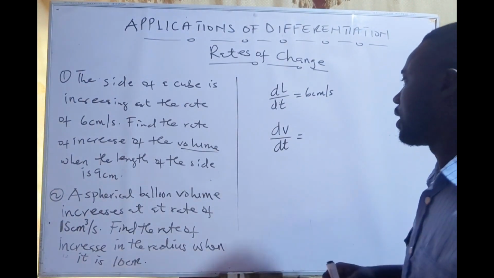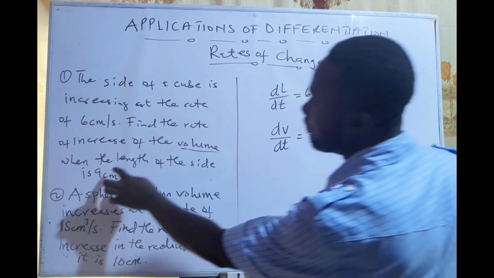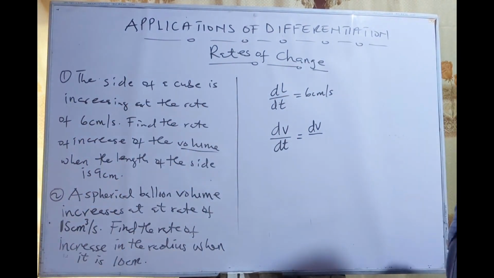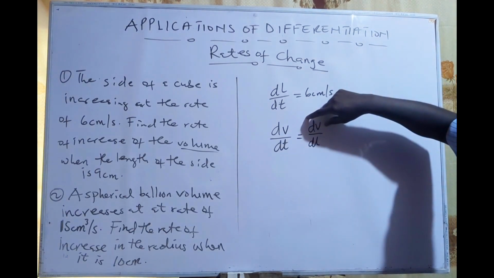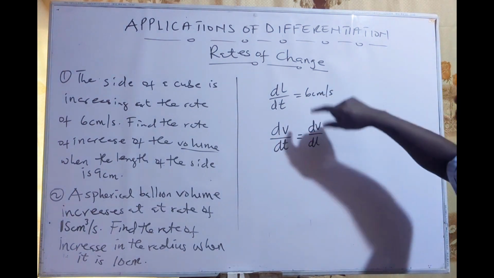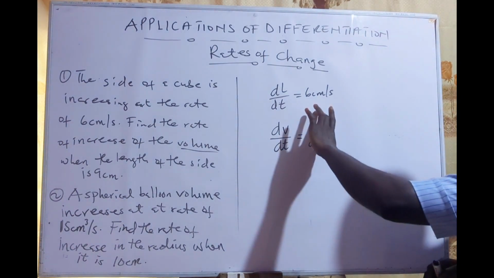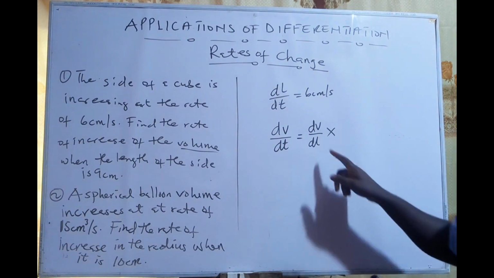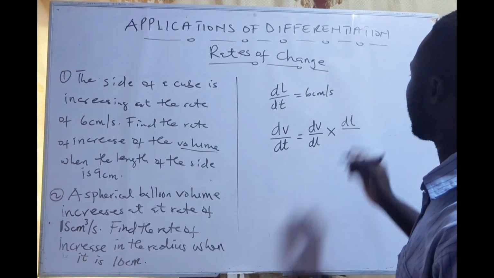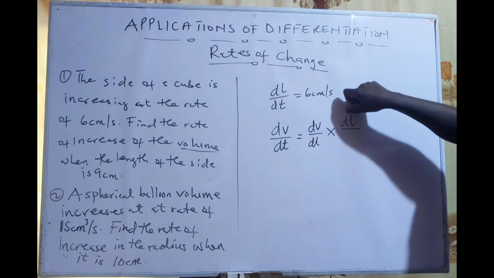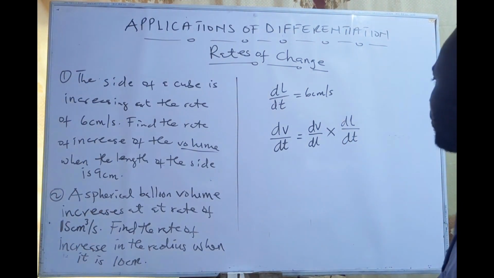So if I'm finding dV on dt, I'm going to find dV with respect to what I am given in the question, which is the length of the cube, dL. So I find how the volume has changed with respect to its side, that is dV on dL. Then I multiply by the rate of change of the side of the cube with respect to time, dL on dt.